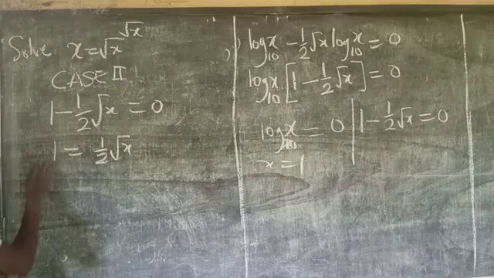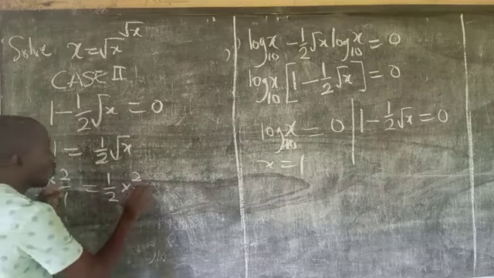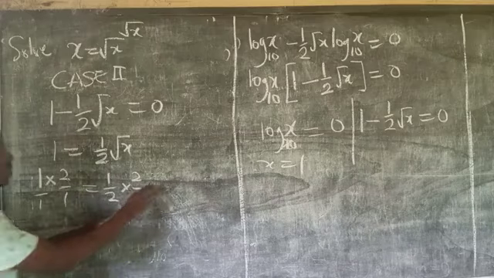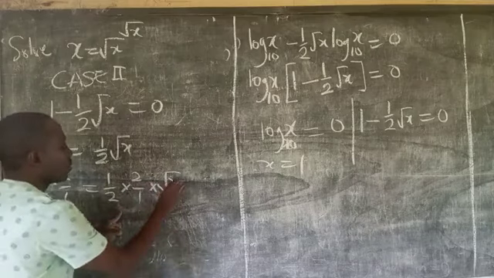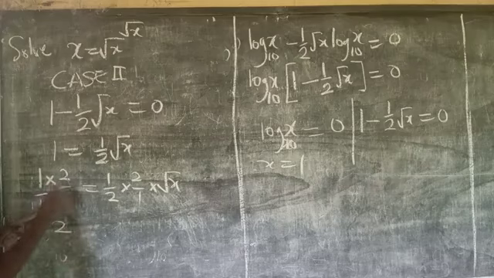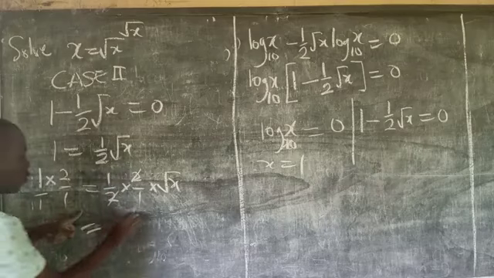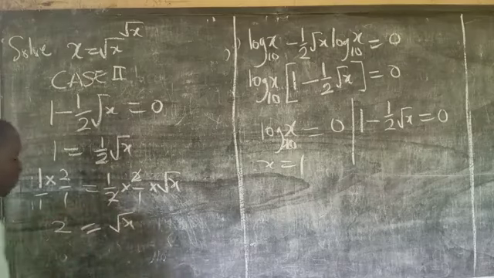That is to say, 1 times 2 over 1, we're bringing 2 now, equals 1 over 2 times 2 over 1 times this square root of s. From here, we can conclude that this will cancel this, to be left with root s.